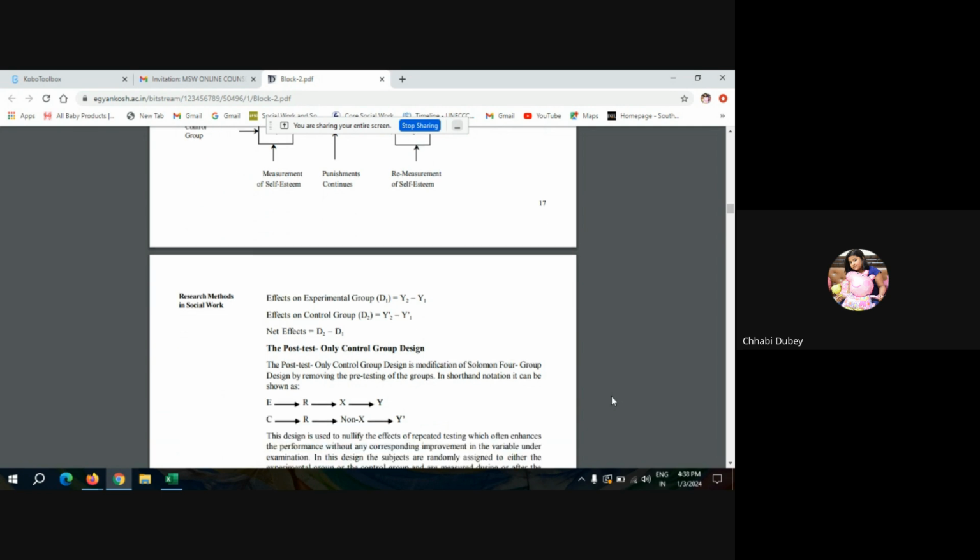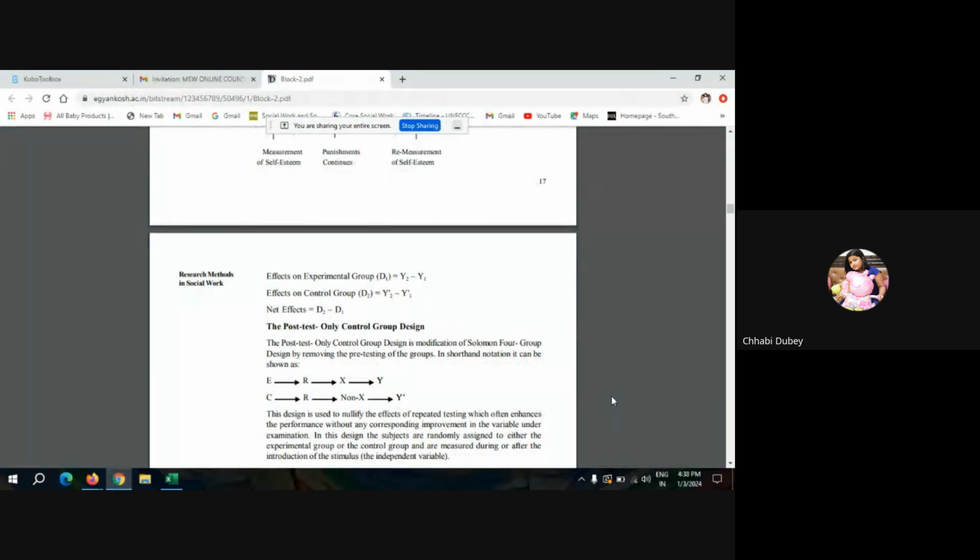Here you will find the effect on the experimental group by subtracting y1 from y2, and the effect on the control group can be found from y2 minus y1, that is, post-test minus pre-test. And the net effect will be given by calculating the difference between D1 and D2, that is, the effect on the experimental group and the effect on the control group.